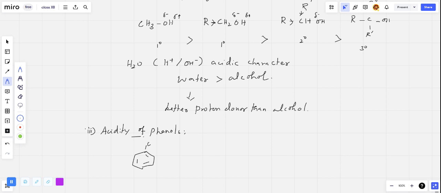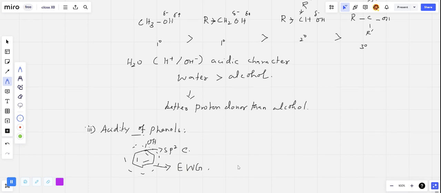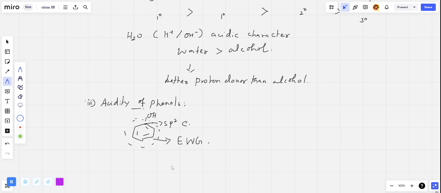So here the OH group is directly attached to this sp2 hybridized carbon of the benzene ring, which acts as an electron withdrawing group.